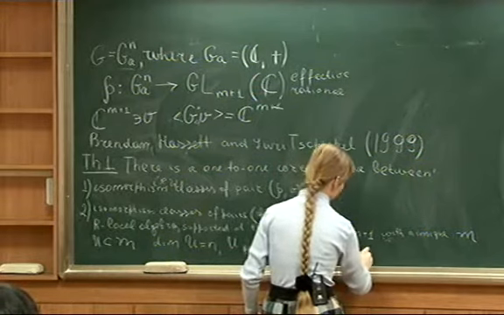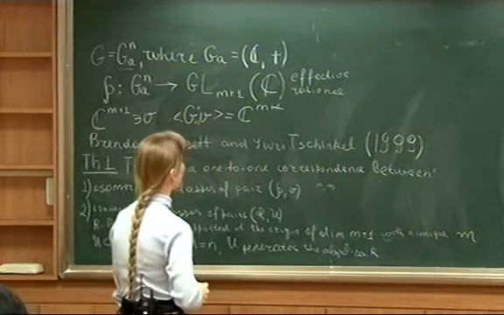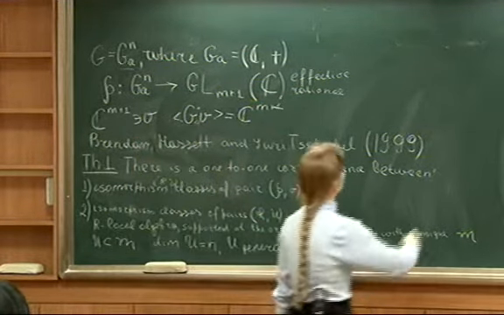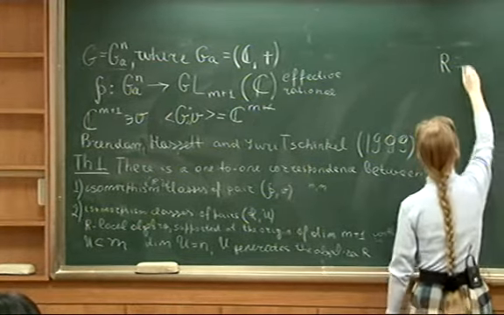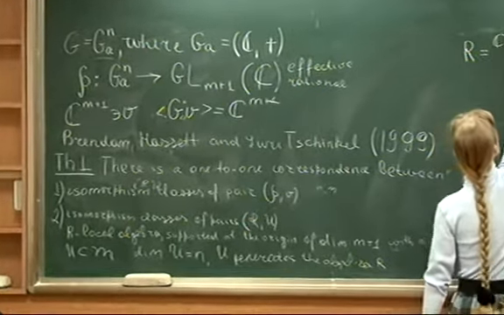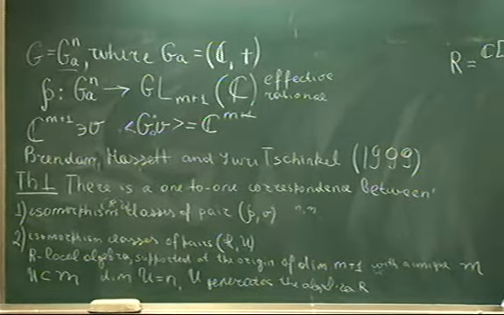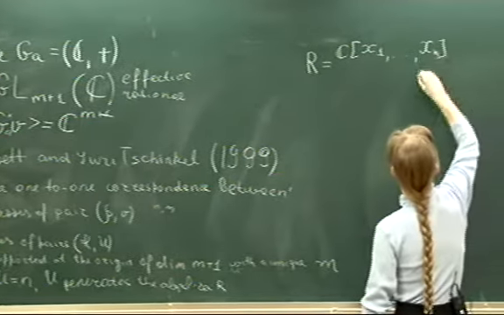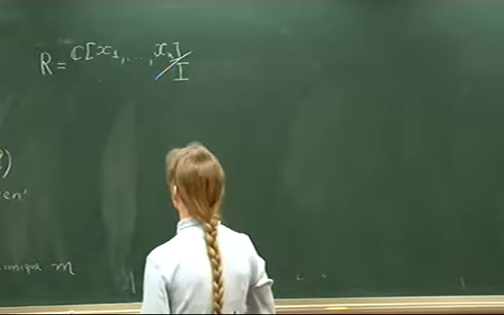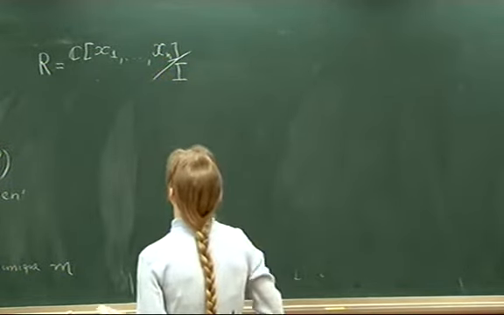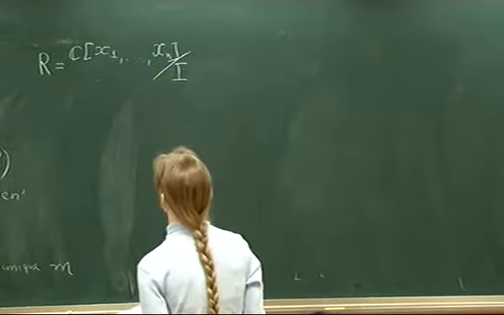In other words, it means that R is a factor algebra. It's a finite dimensional factor algebra, supported at the origin again.